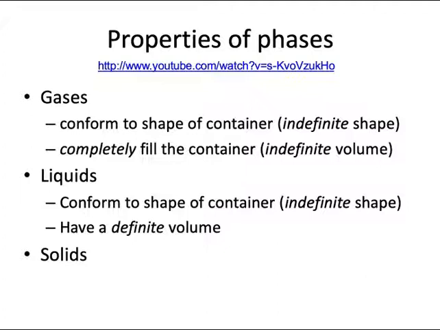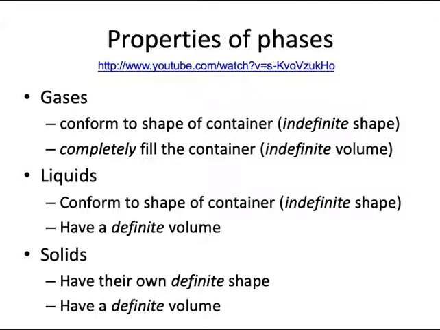And so that's one thing that's very different about gases. And then, of course, you might imagine, if you've ever seen an ice cube before, that solids have their own definite shape, and they also have a very definite volume. So these are two different concepts that we can work ourselves through the phases with.